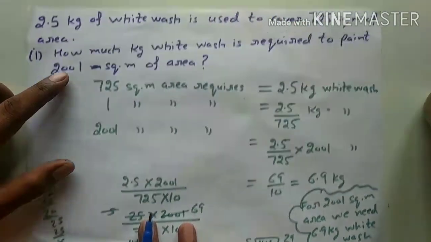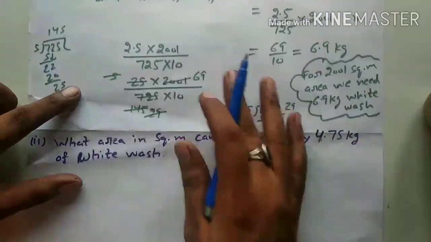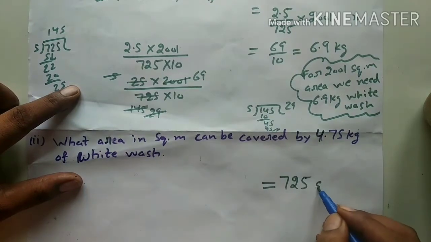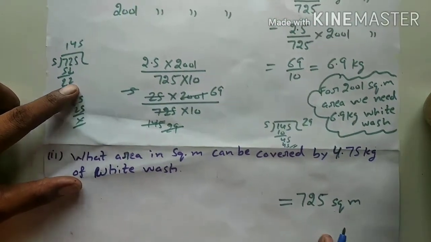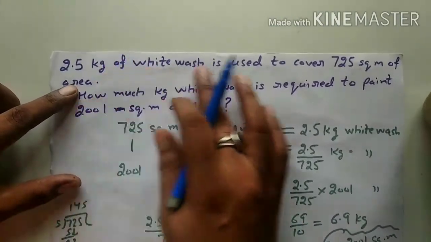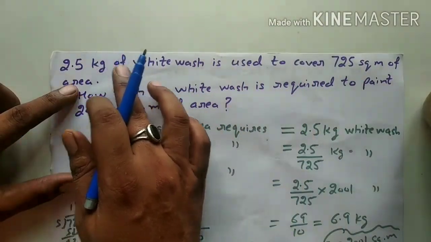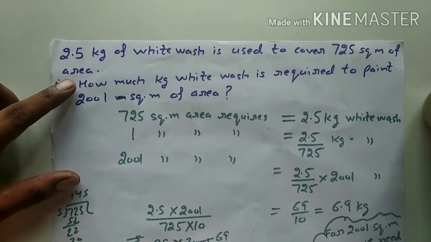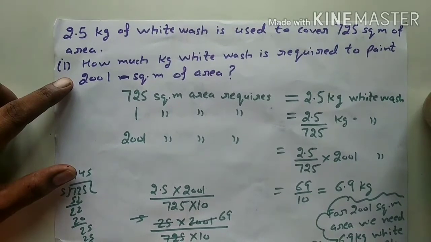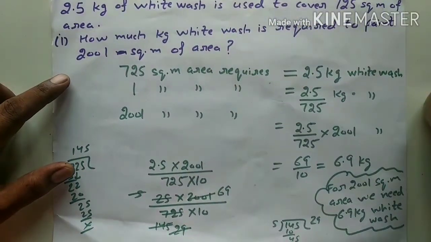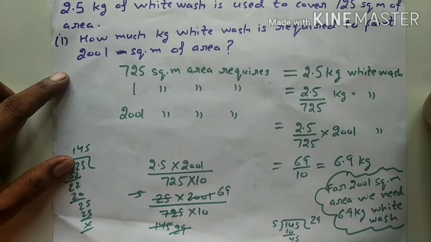So what is the area? 725 square meter. Now what is the statement? As per the given statement, 2.5 kilogram of whitewash is used to cover 725 square meter area.